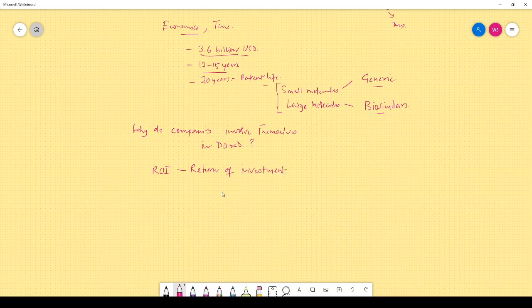Okay. So currently, maybe if you look at the best-selling biologic, okay, last year the sale was about 19 to 20 billion USD per year. Okay, so there is a very attractive return of investment, and that drives companies towards investing.